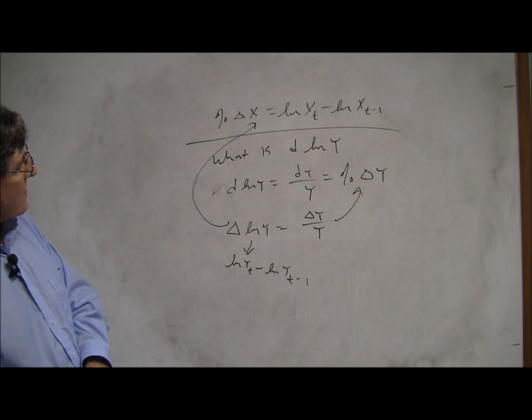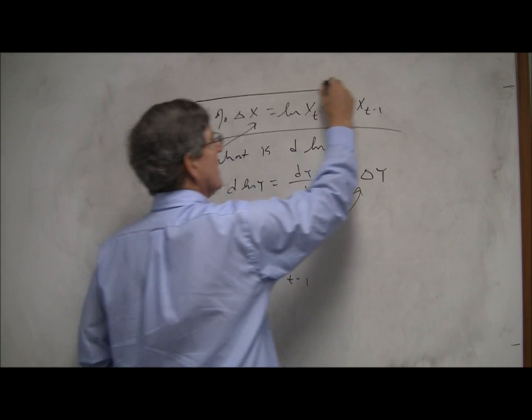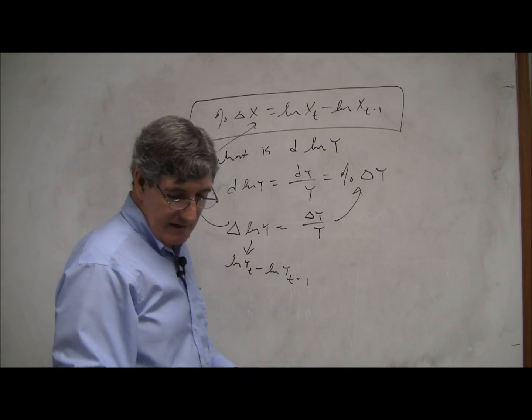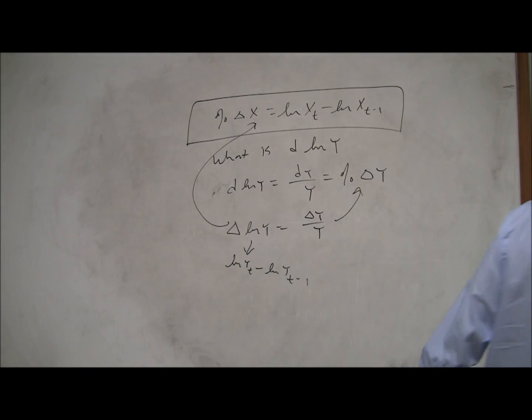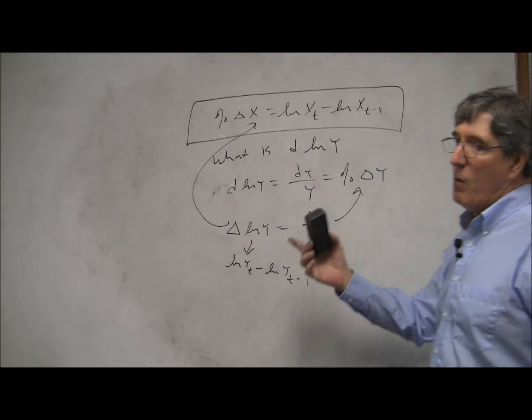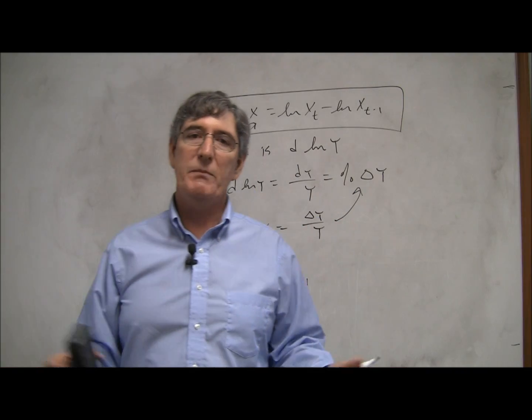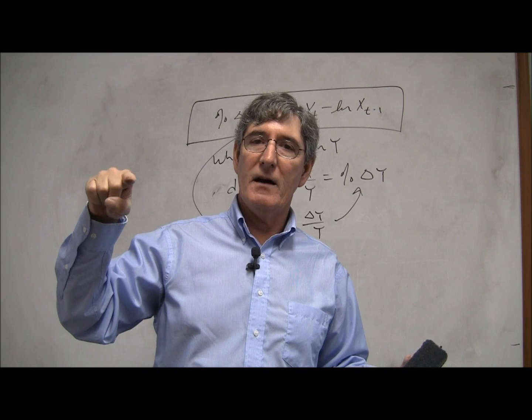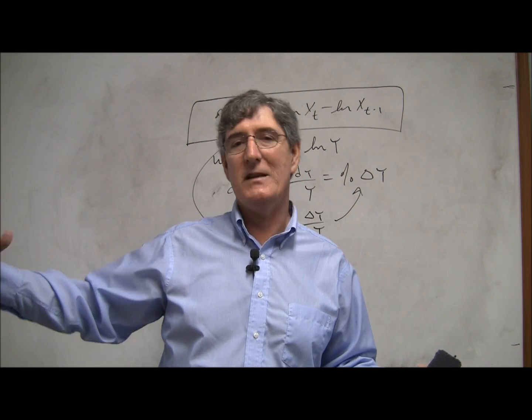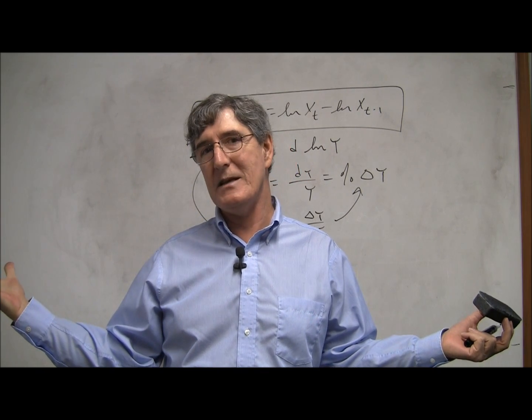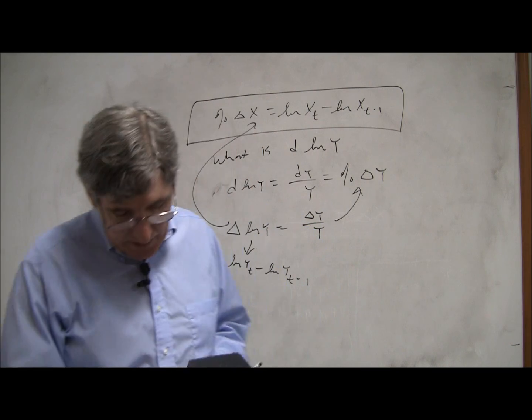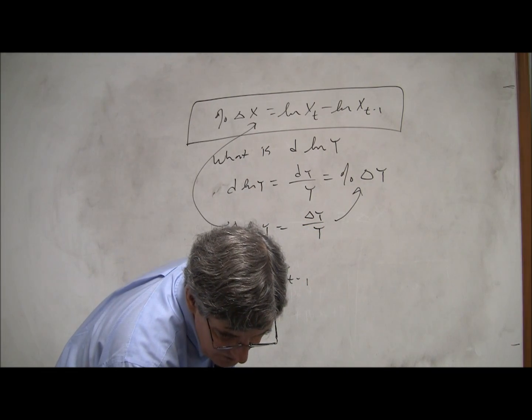And so logs are closely related to percentage changes. And this is the formula. Whenever I want to do percentage changes when I'm doing econometrics, and I want the percentage change in, say, GDP, you just take the log of GDP today minus the log of GDP last year, and you get the percentage change. And so it's a fairly easy way to get a percentage change.